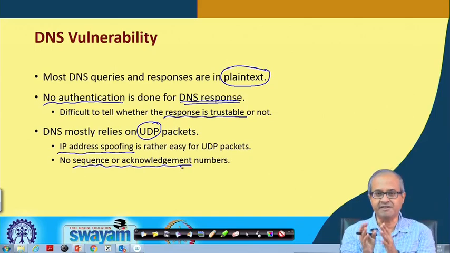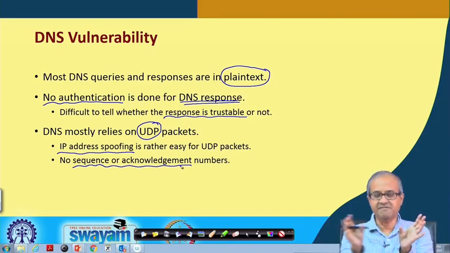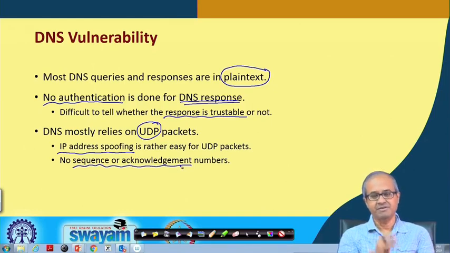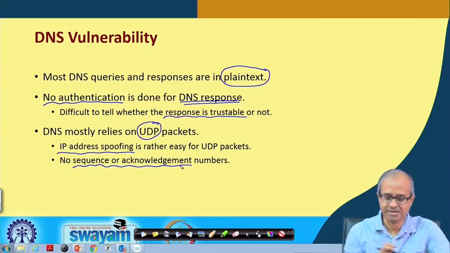In TCP, it is difficult, because all successive packets of a message are assigned successive sequence numbers. So, just by looking at the sequence numbers, you can know whether things are proceeding in the correct order or not. But in UDP, you cannot do that.